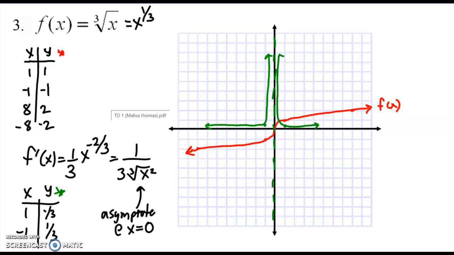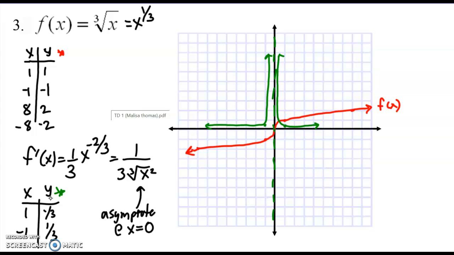After doing the work, what we talked about is shown to be true. Here's the derivative, and we can see that x can never be 0, so that asymptote happens at x equals 0, right there where the tangent of the f of x does not exist, or is vertical.